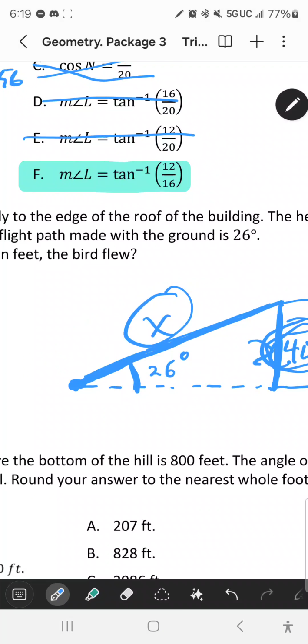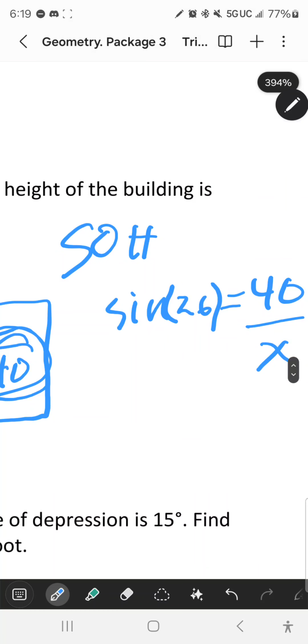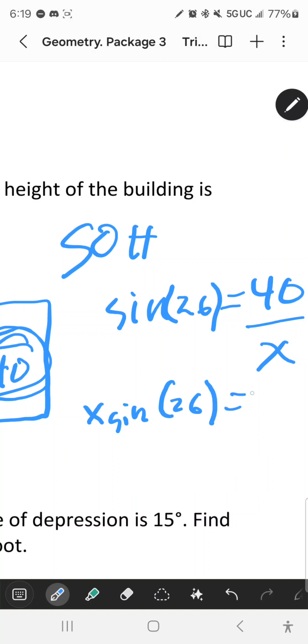So I'm going to multiply x to both sides, and I get x sine 26 equals 40, because if I multiply by x on this side, it cancels out. I want to leave x alone, so I'm going to divide by sine of 26 on both sides.